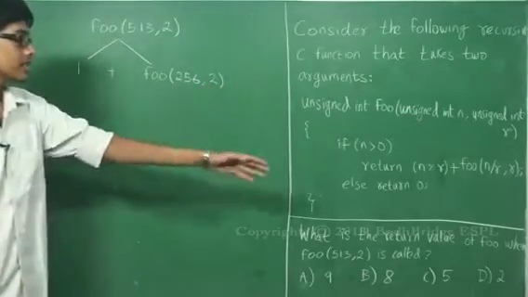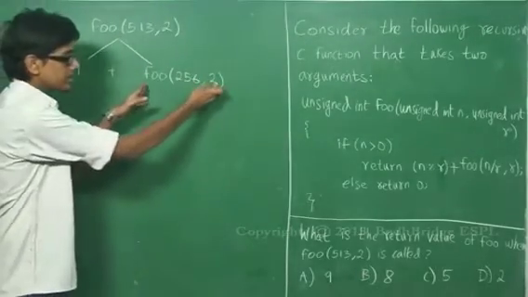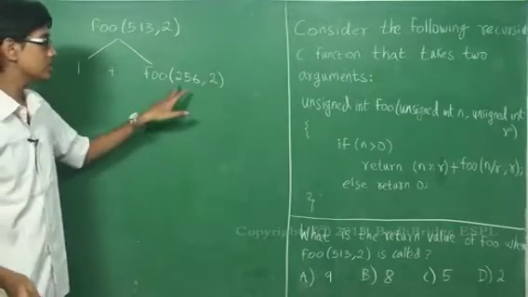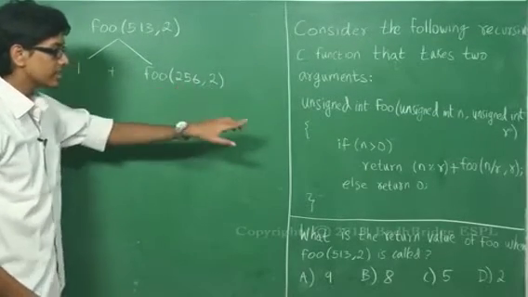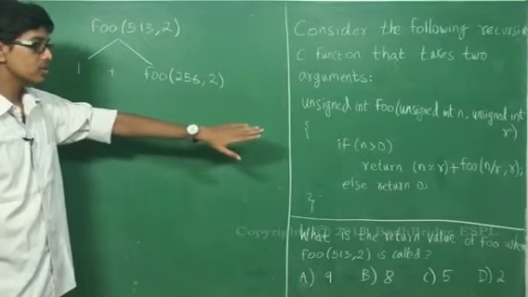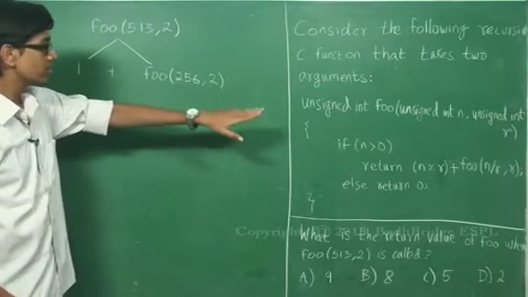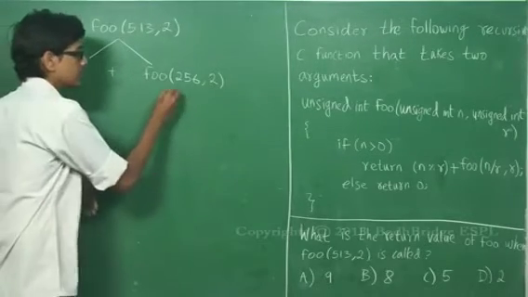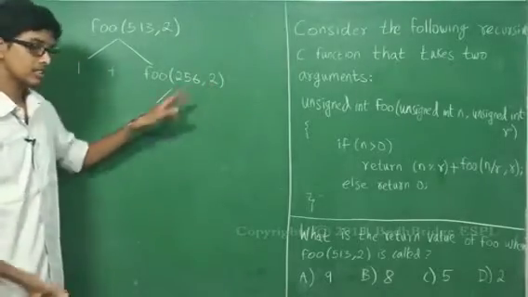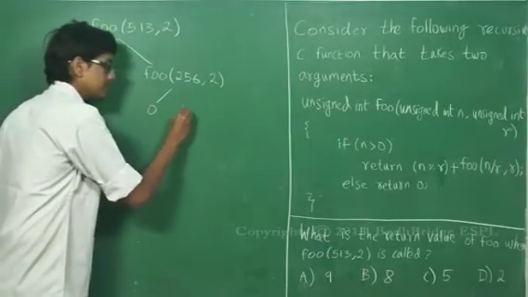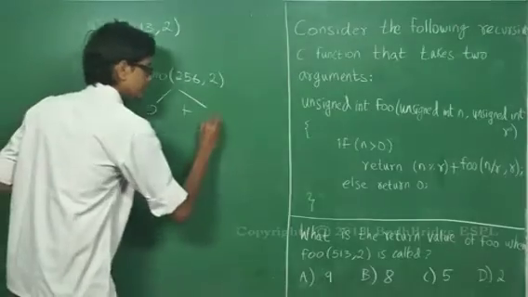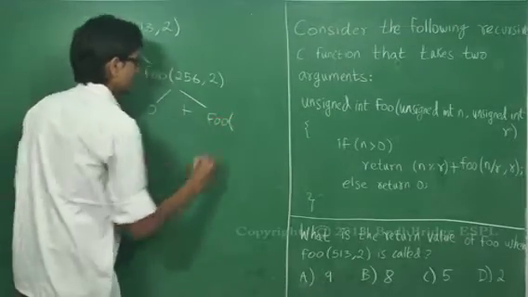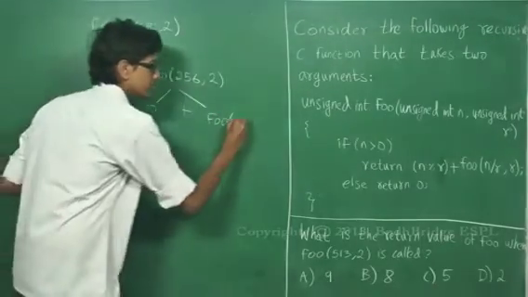So we keep solving the recursion. So now this is again called, again n is 256 and r is 2. So 256 is greater than 0. So we return 256 percentage 2 plus foo of 256 by 2, 2. So 256 percentage 2 is, the remainder is 0 plus 256 divided by 2, 2. So foo of 128, 2.